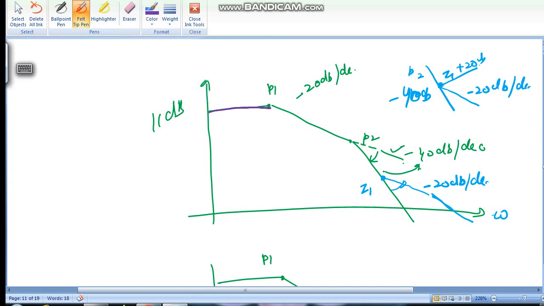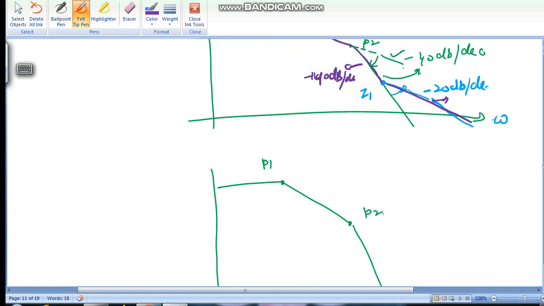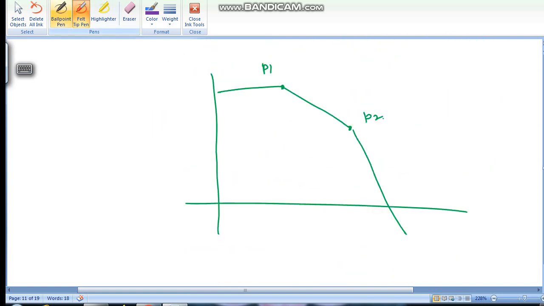The actual plot for this is something like this: here minus 40 dB per decade roll off, here minus 20 dB per decade, here minus 20 dB per decade. Now in this case, this is minus 20 dB per decade, this is minus 40 dB per decade. This is magnitude in dB, this is omega.